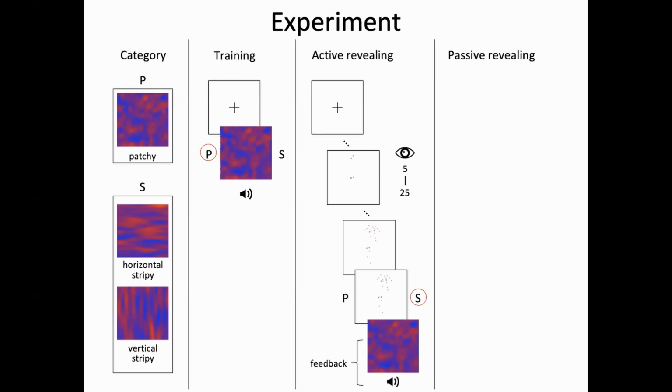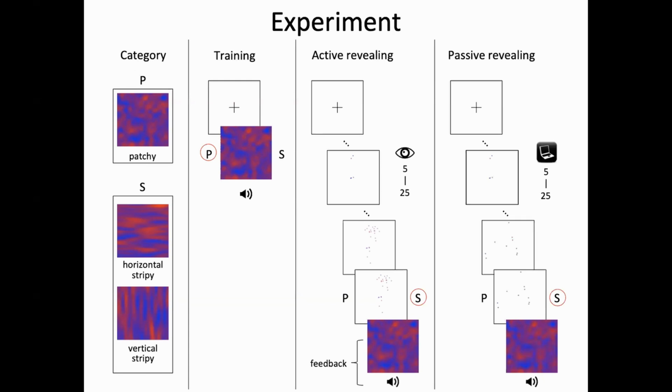In the third phase, the passive revealing phase, everything was the same as the active revealing phase, except that the revealing locations were controlled by the computer, and the participants were instructed to just follow the revealings as they appear one by one. These locations were chosen according to several different algorithms. I will talk about them when we get to them later in the results section.